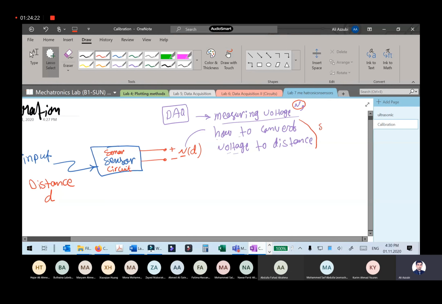Basically this is done through software, and you need to calibrate. This is my focus today, how to calibrate. Calibrate, what does it mean?